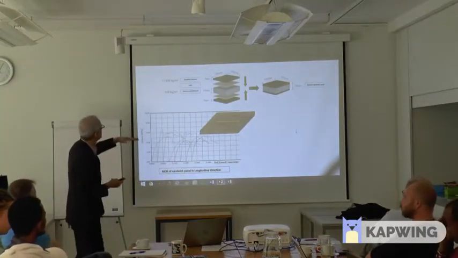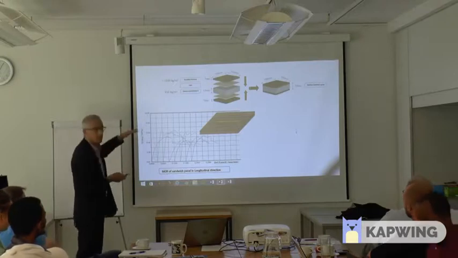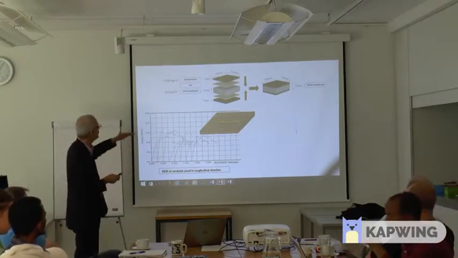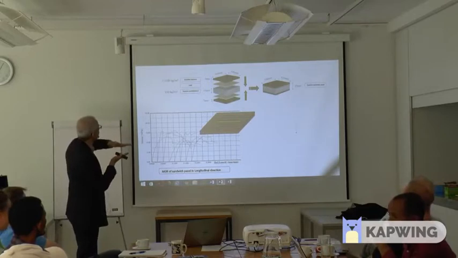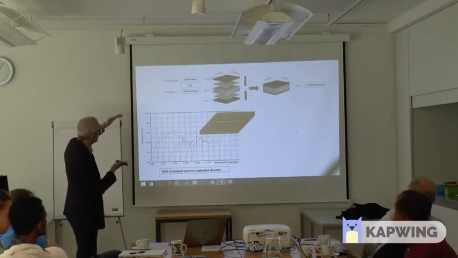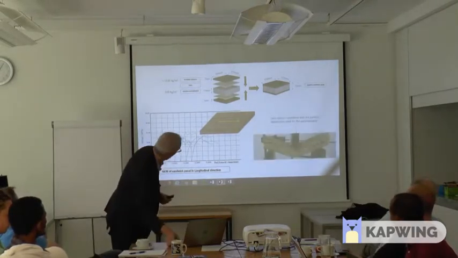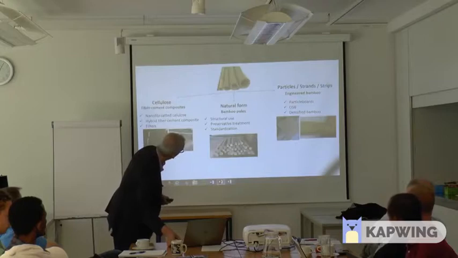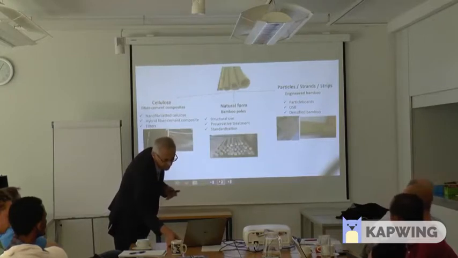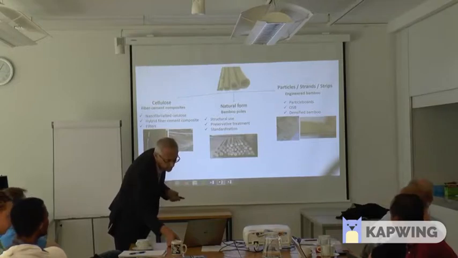And the idea is to use a PVA glue for joining all these three layers: the two external layers of strands and the internal layer of particleboard, everything made of bamboo, in this particular case. So this can be another good application in the future.